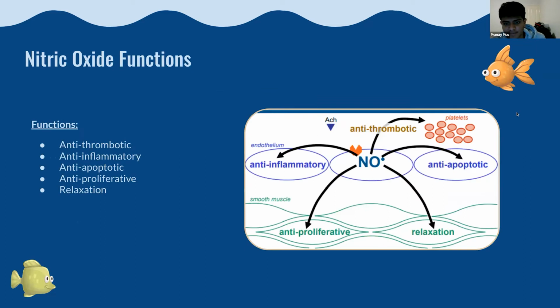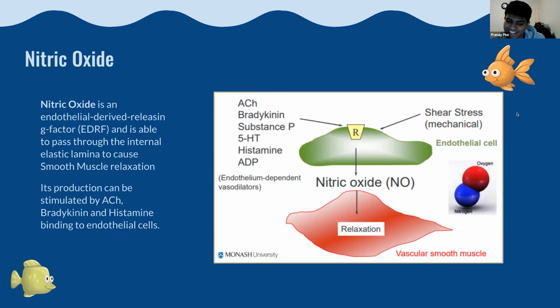Its production can be stimulated by acetylcholine, bradykinin, histamines, and also 5-HT, which is serotonin, and substance P. It's not really important to know what can cause nitric oxide, except maybe acetylcholine. But it's also really important to understand that shear stress, which is caused by really high blood pressure, can also cause an endogenous release of nitric oxide as well.